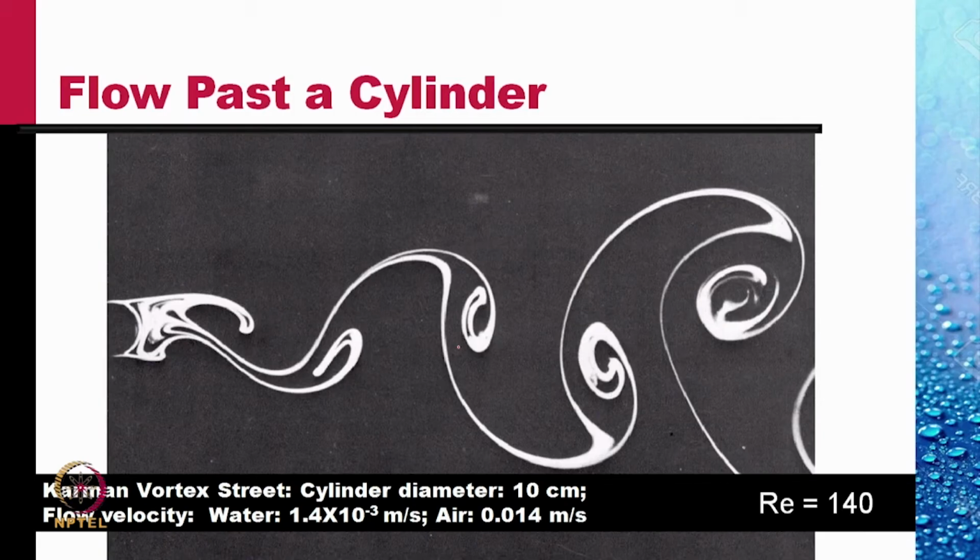First at the top, then at the bottom, then at the top, then at the bottom, with a marked regularity. These vortices grow in size as they travel downstream. The resulting picture has been named the von Karman vortex street after a German scientist, von Karman, who studied this.